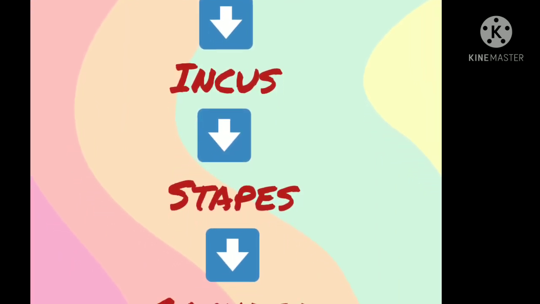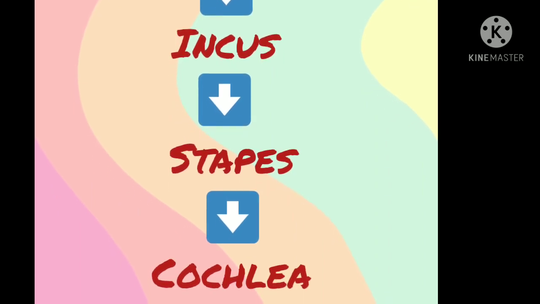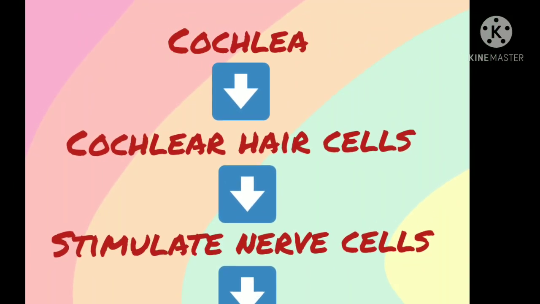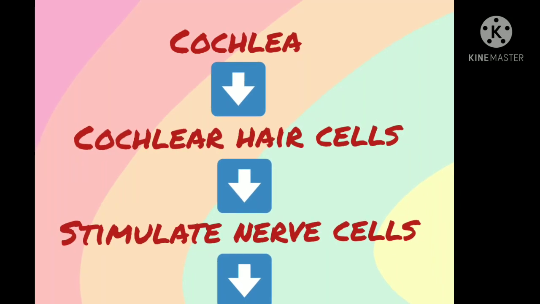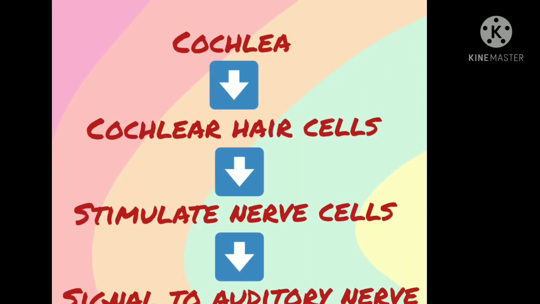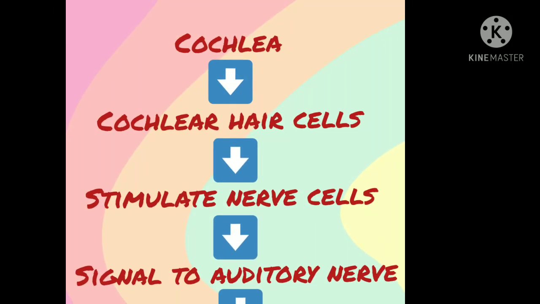Now, these vibrations pass to the cochlea which is present in the inner part of the ear. The cochlea has many tiny hair cells which vibrate because of the sound waves. The vibration of the hair cells stimulates the tiny nerve cells.